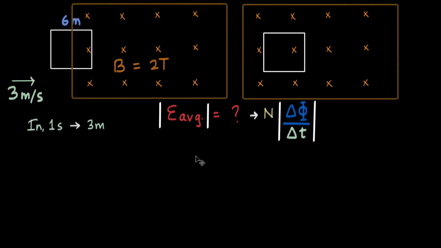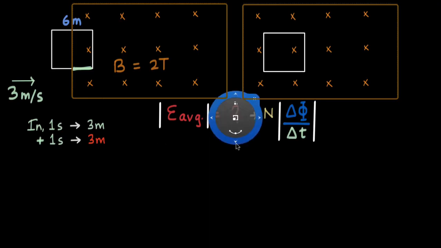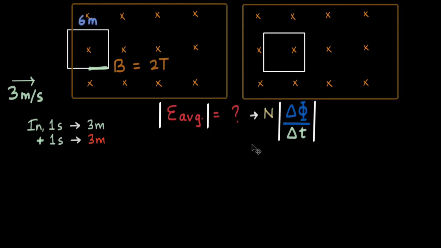It has traveled 3 meters to the right, and the distance over here is this distance right here. Now if we take 1 more second, then in 1 more second, it will travel a further 3 meters to the right, and the loop will move like this. So now over here, 3 meters is this distance right here.